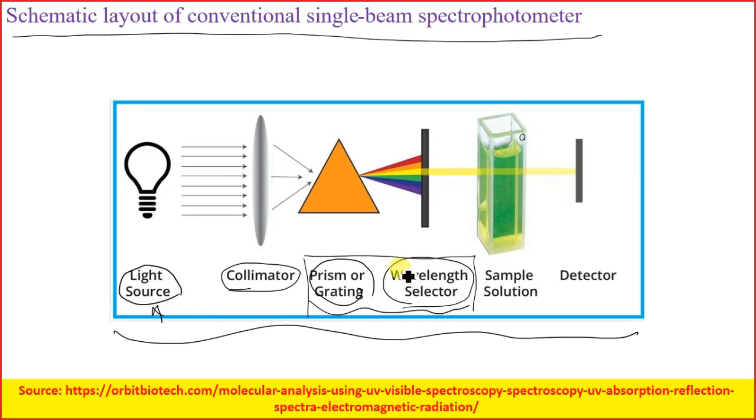In many cases it may be a single unit. Then we have the sample solution, through which this monochromatic radiation will pass. The sample solution will absorb some of the radiation and transmit the other part, which will fall onto the detector, and this detector will give you the readings either in absorbance, how much radiation has been absorbed, or in terms of percent transmittance.